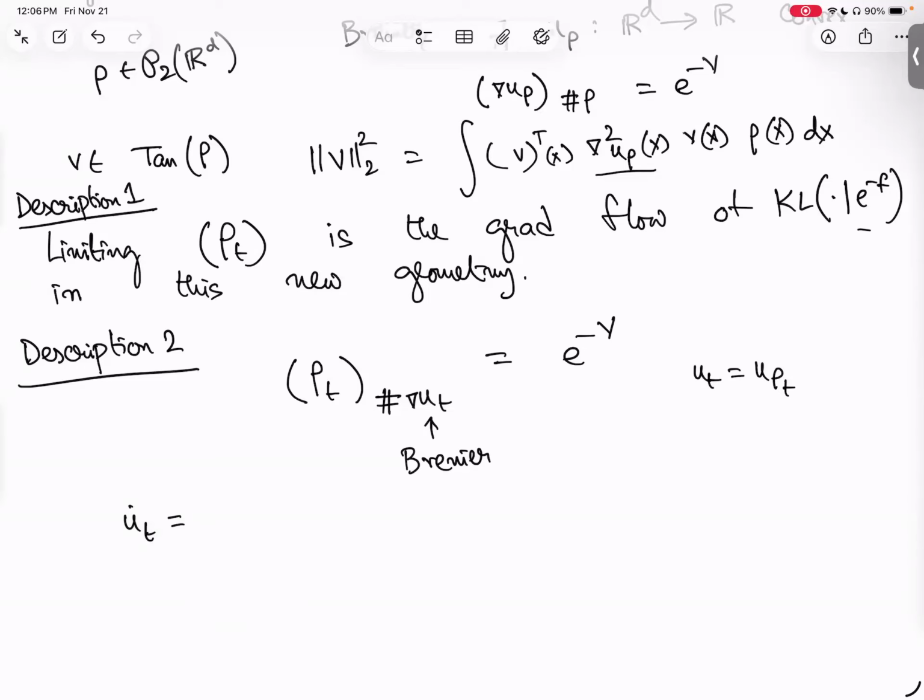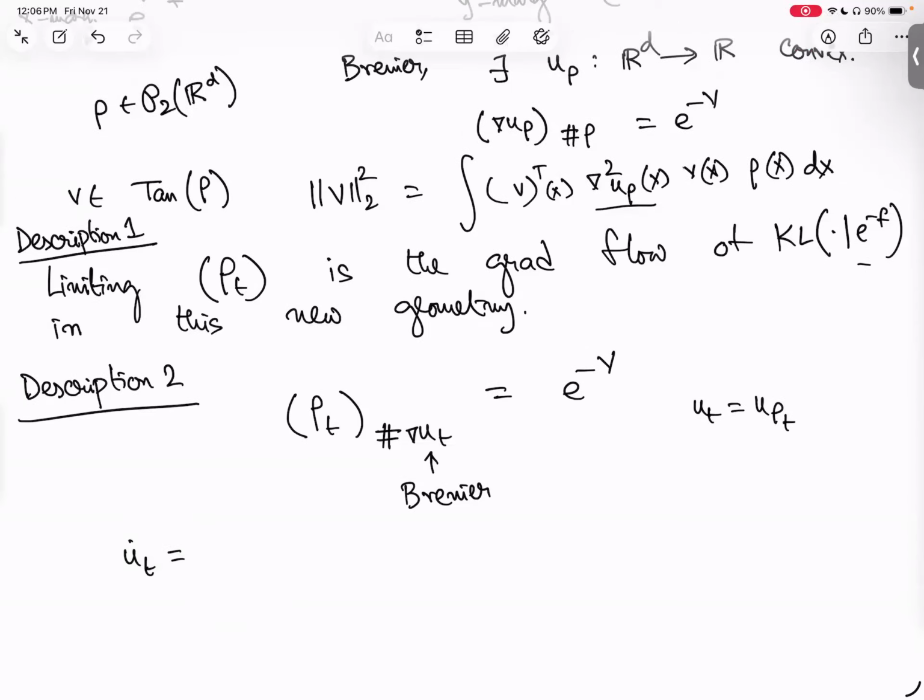So what am I saying? I'm saying that instead of looking into what is the PDE that is satisfied by rho t, which is these probability measures or densities, you can ask what is the corresponding equation that is satisfied by the Brenier potentials themselves.